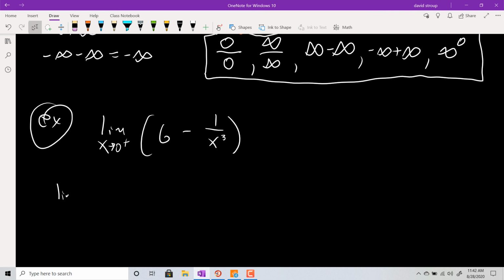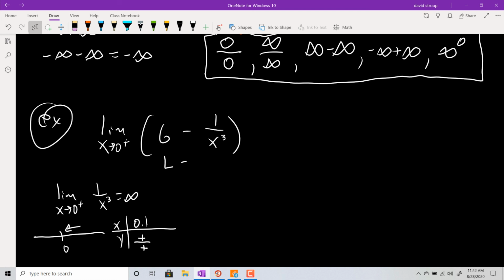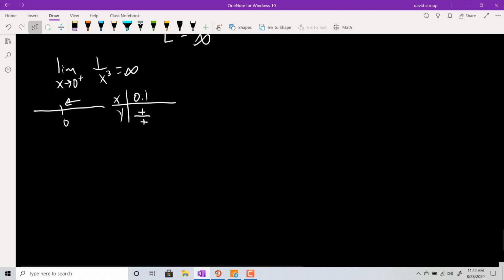I'm looking at 1 over x cubed as x goes to 0 from the right. My test value, I'll pick 0.1. So I'll have a positive over a positive, which is positive. So this is L minus infinity, and that's minus infinity.